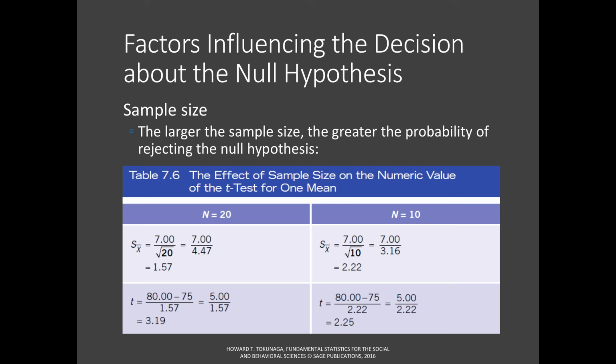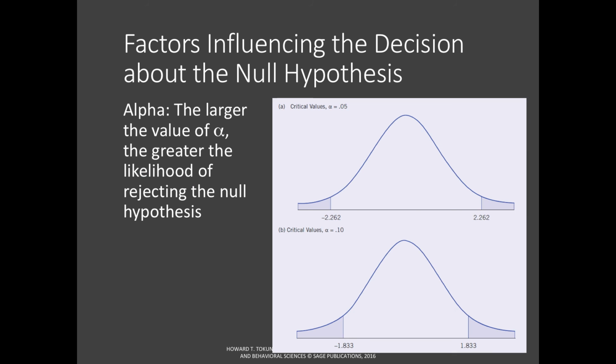So if we put an alpha of 0.1 instead of 0.05, that means we're less sure of what our answer is. We're not as confident in what our answer is, the higher this alpha value is. So if we had an alpha of 0.01, that means we're even more confident in our answer than if we had an alpha of 0.05.